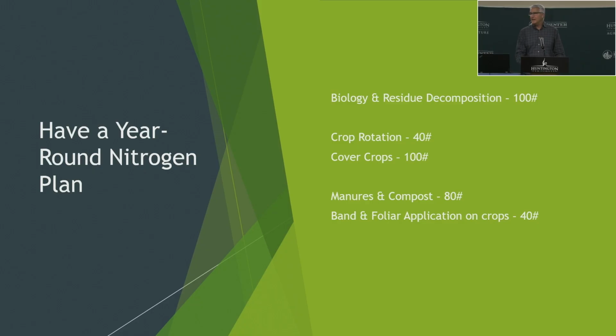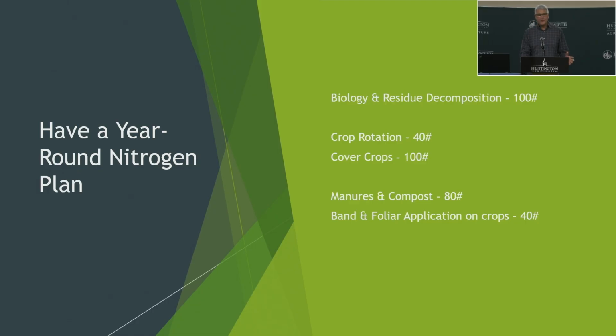So again, it takes so much nitrogen to grow a crop. Where are we going to get it from? There's a lot of options. Maybe we can get 100 pounds from having good biology and good residue decomposition. We might gain 40 pounds depending on our crop rotation. If we grow a nitrogen fixing cover crop, we could get up to 100 pounds.